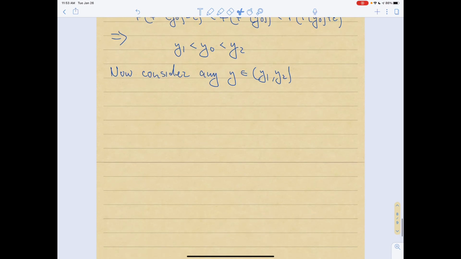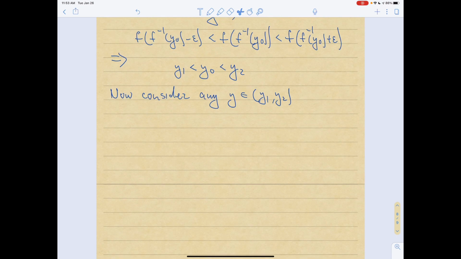Let's see how we can formally write that. So we consider any y inside this interval. The way we can write this, y is less than y2 and bigger than y1.